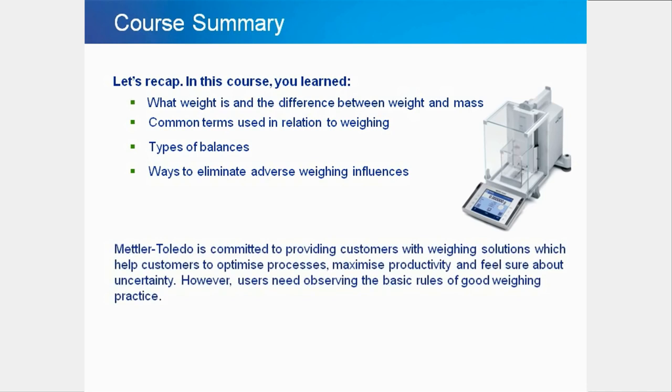Mettler Toledo is committed to providing customers with weighing solutions which help customers to optimize processes, maximize productivity, and feel sure about uncertainty. However, users need to observe the basic rules of good weighing practice.